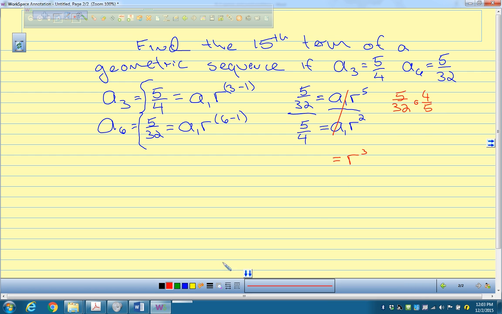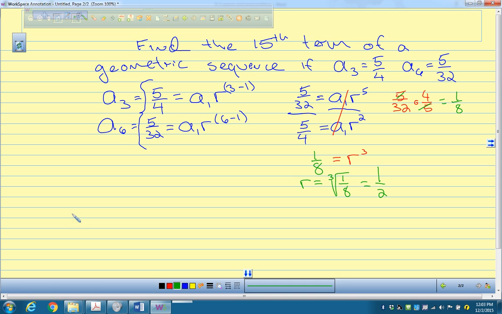What happens to the 5s? They cancel. And you get 4 over 32, which is equal to 1 over 8. So r cubed is 1/8. That means that r is the cube root of 1/8. What's the cube root of 1/8? 1/2. Okay? So that's your common ratio.